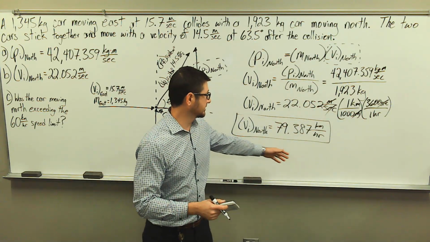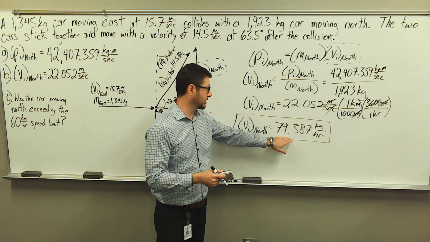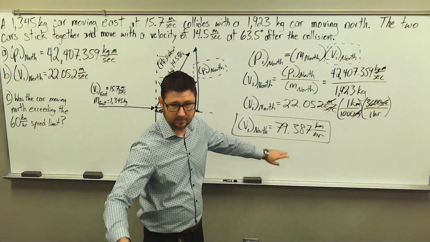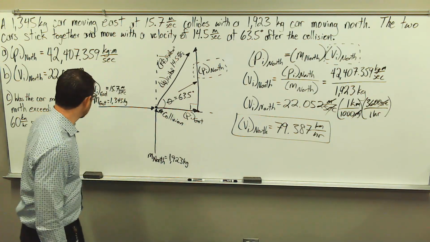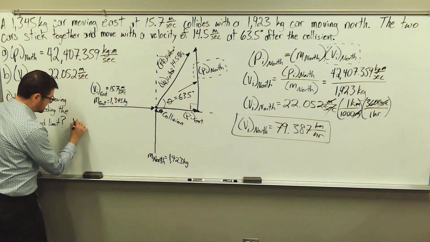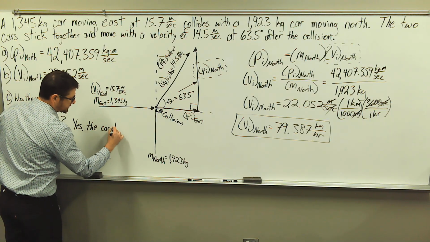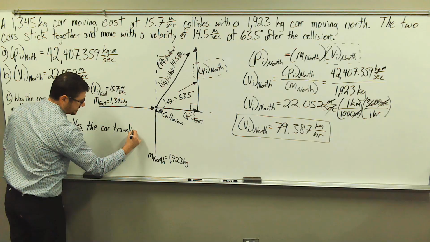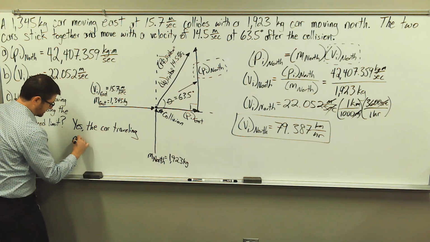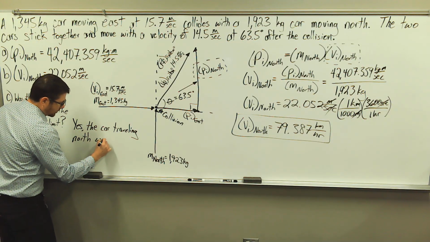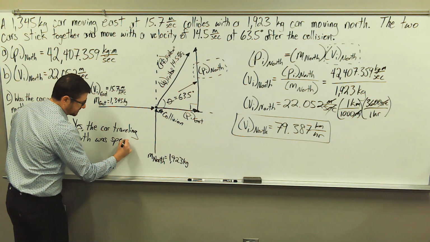And right here, speed limit 60 kilometers per hour. This vehicle was traveling a little bit over 79 kilometers per hour. So, the answer is yes. The car traveling north was speeding.